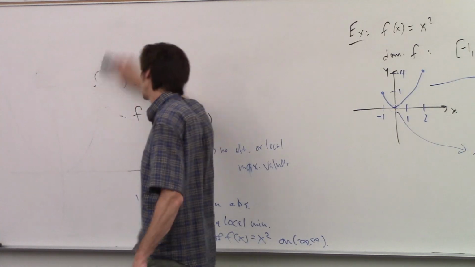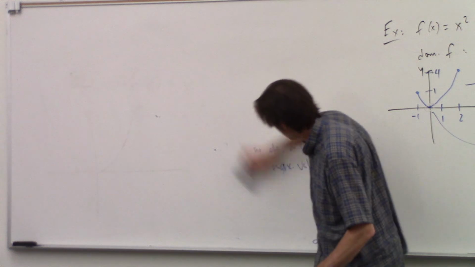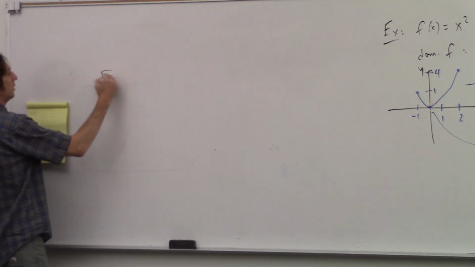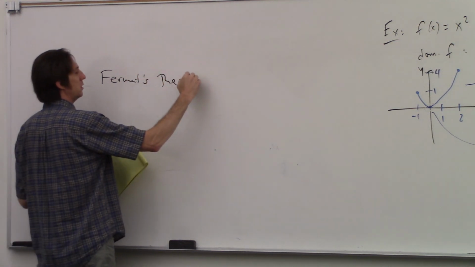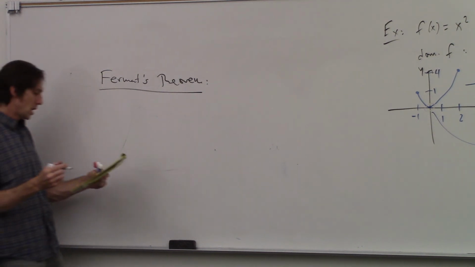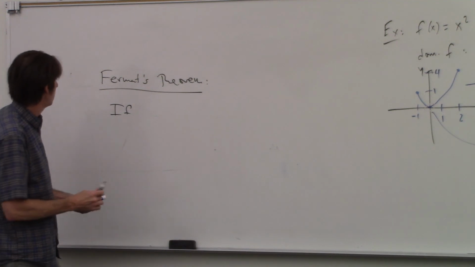There's a theorem named after a French mathematician that says essentially what I just said. It's called Fermat's theorem. And it's handy in our attempt to locate maxes and mins. It says the following.